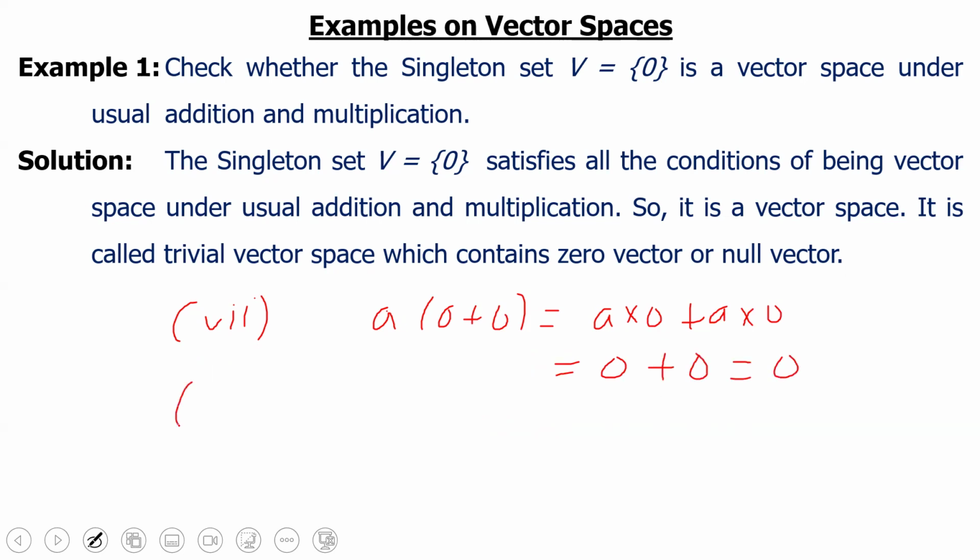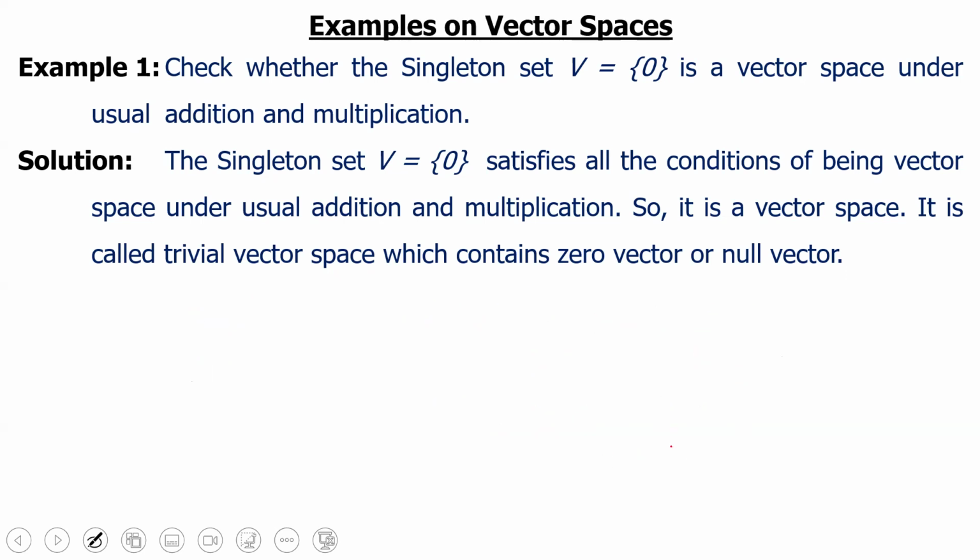Similarly, the eighth property, (a plus b) times 0 is equal to a times 0 plus b times 0, which is also 0 plus 0. Ninth property, (ab) times 0 is equal to a times (b times 0), which is equal to 0.